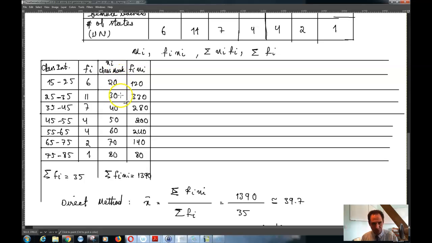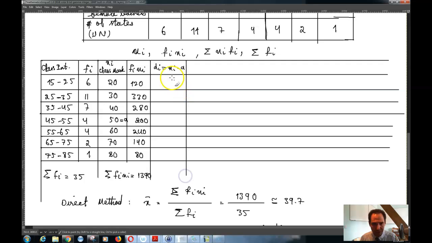Now you can take one of these numbers as your assumed mean, I call it a, for example, and then I need to calculate the deviation of each of these x of i's from this a. That means d of i, the deviation of each x of i from a, is equal to x of i minus a.